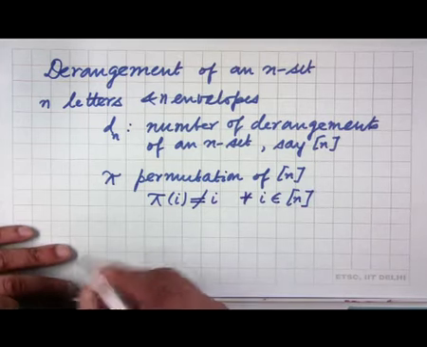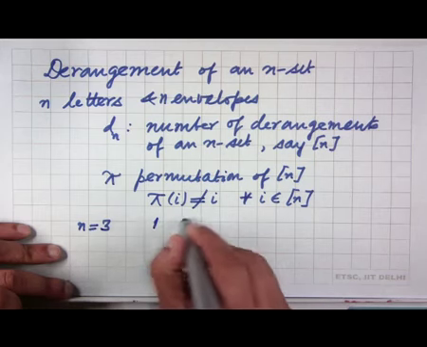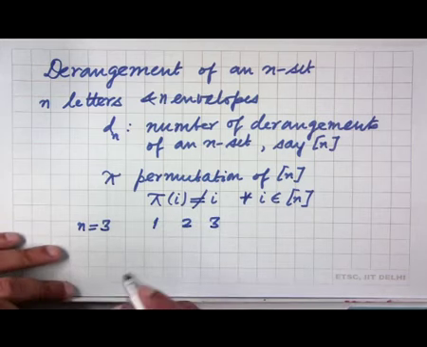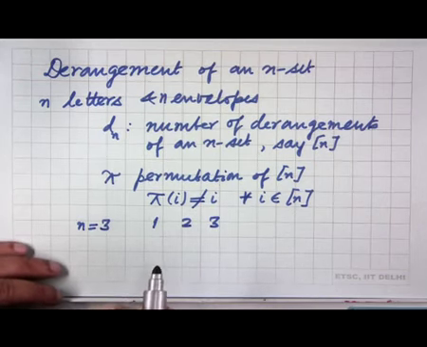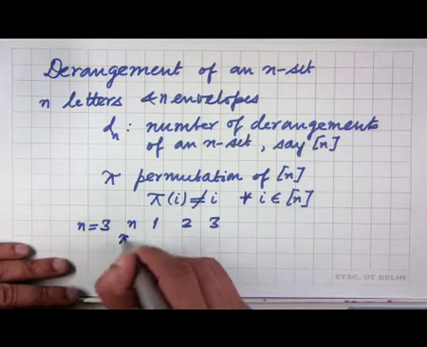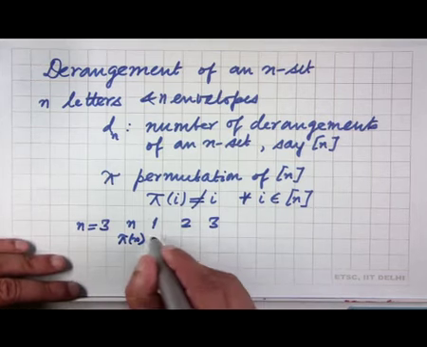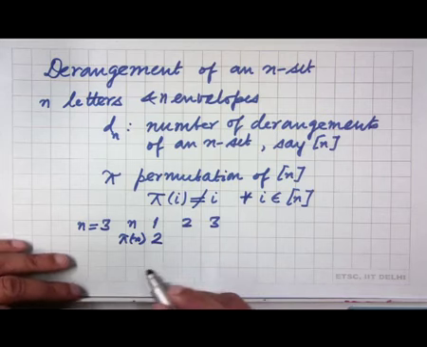So for example, if I just take the instance of n equal to 3, and I have a permutation, what I'm required to do is to rearrange the numbers 1, 2, and 3 in some order, such that what I fill under 1 is not 1. It could be 2 or 3. Let's say I put 2 here. Then I'm left to put 1 and 3 in the other 2 slots.